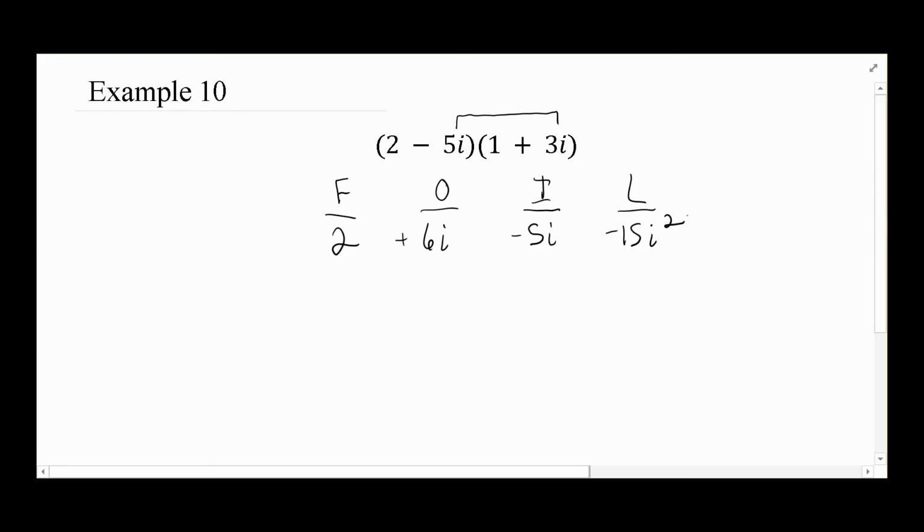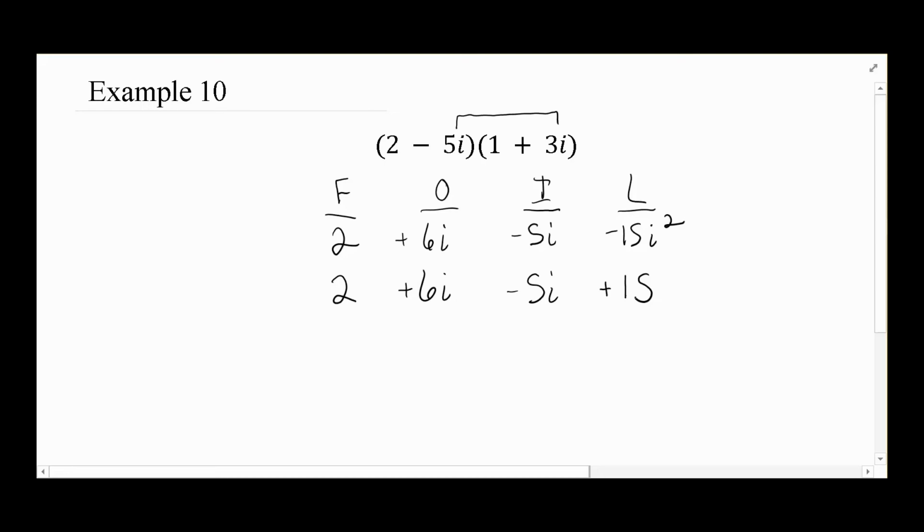Now, my suggestion to you is not to combine like terms at this step, even though you could. My suggestion to you would be to say, let's replace the i squared with the negative 1 first. So we have 2 plus 6i minus 5i, and then negative 15 times negative 1 gets us positive 15.